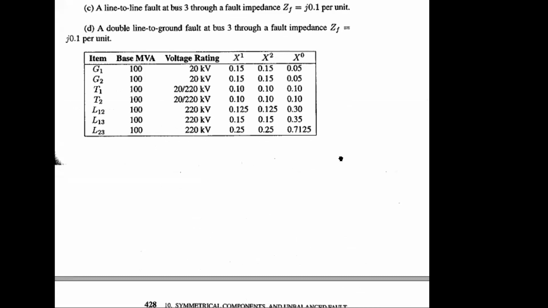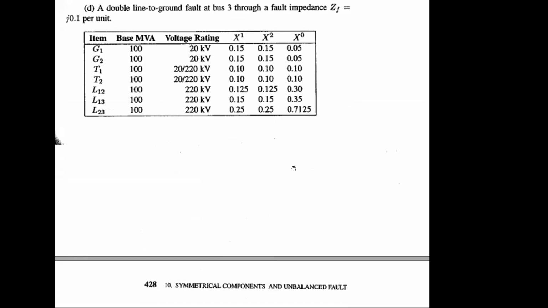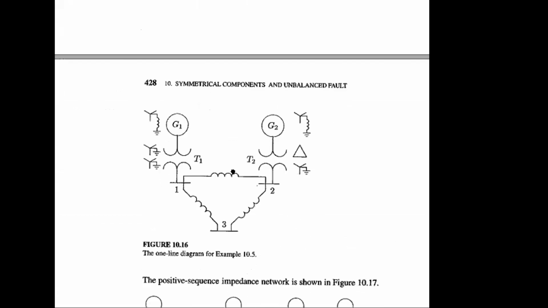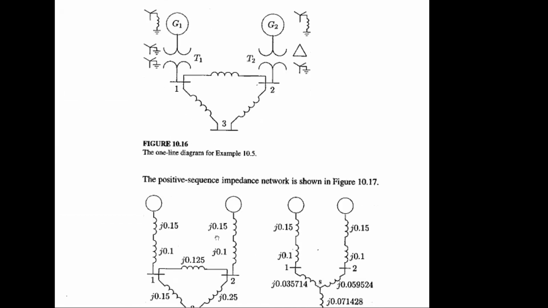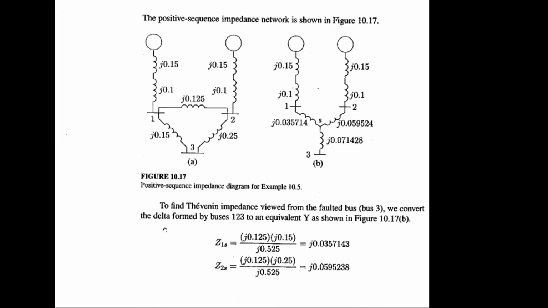And regarding drawing of the transformer, be especially careful about the zero sequence transformer circuit drawing, the equivalent drawing. This is the single line diagram, and the lower part is the equivalent impedance diagram, right? And it is the positive sequence impedance.